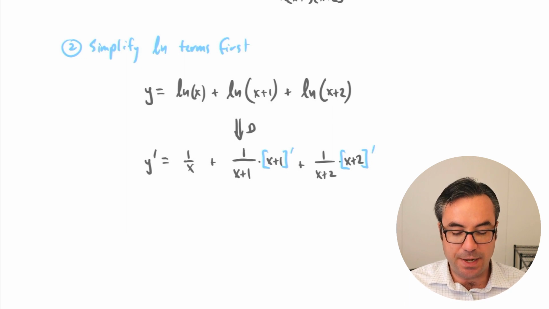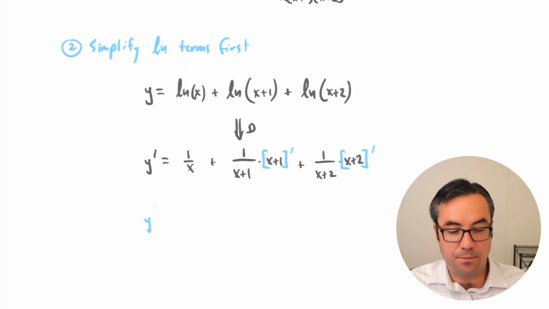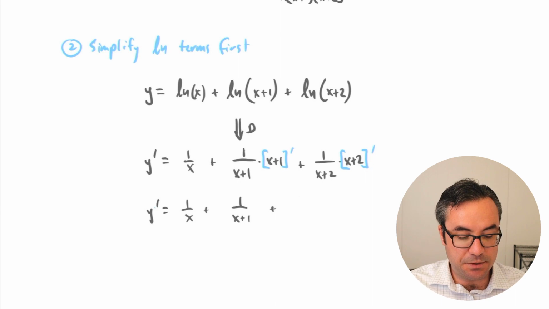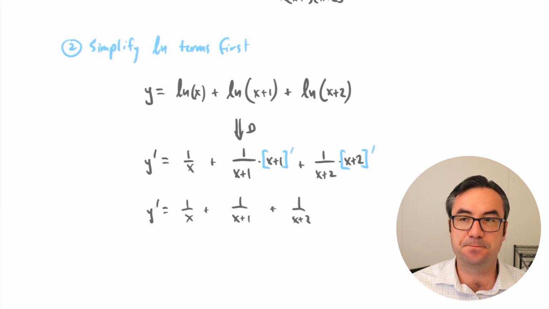So in this case, we end up with y prime is equal to 1 over x plus 1 over x plus 1 plus 1 over x plus 2.